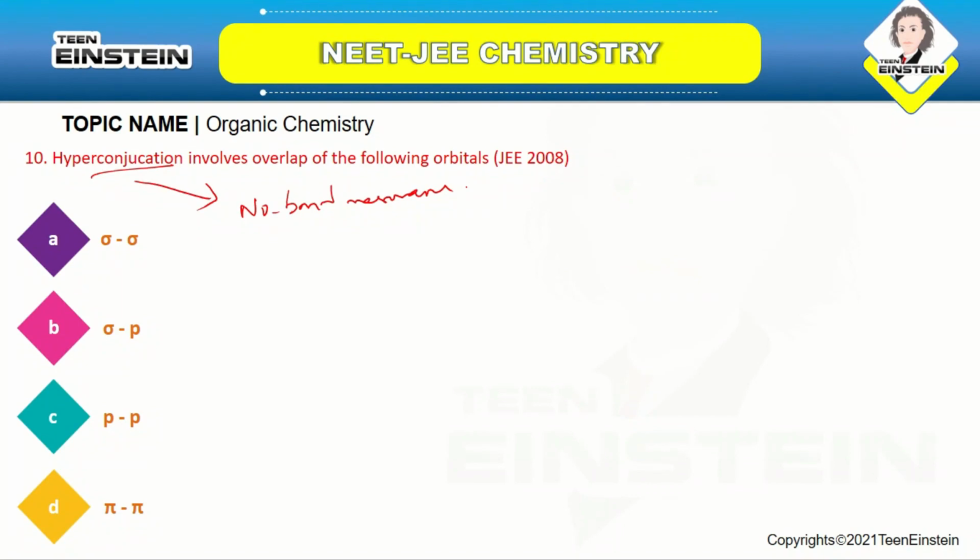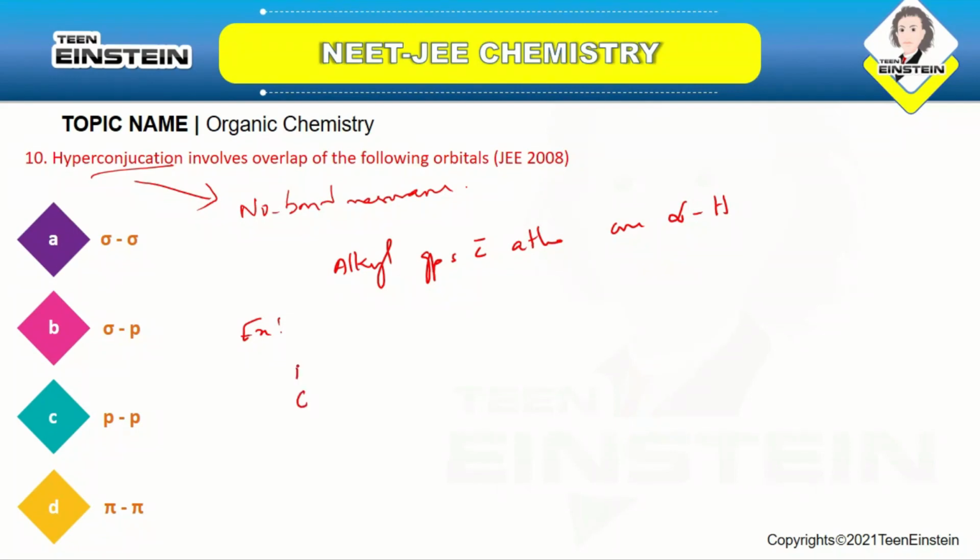Alkyl groups with at least one alpha hydrogen atom attached to an unsaturated carbon are able to release electrons, that is delocalization. I will show you one example for this hyperconjugation.